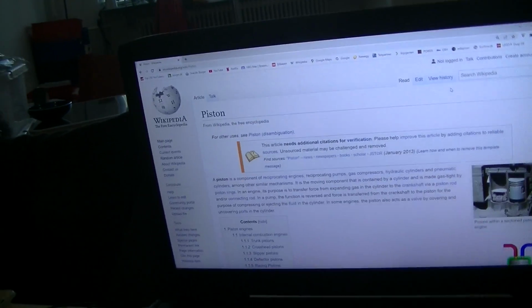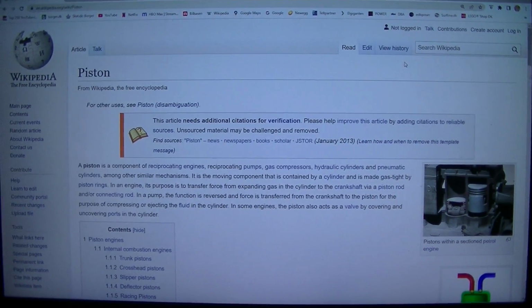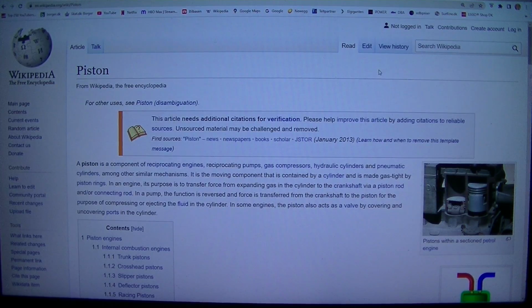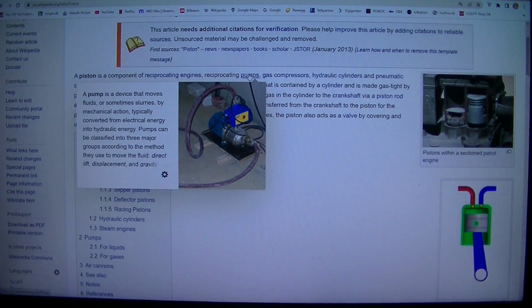Piston. But we only have the steam engine parts, why not? Pumps.